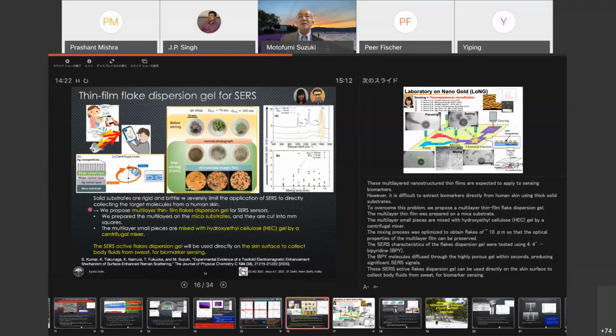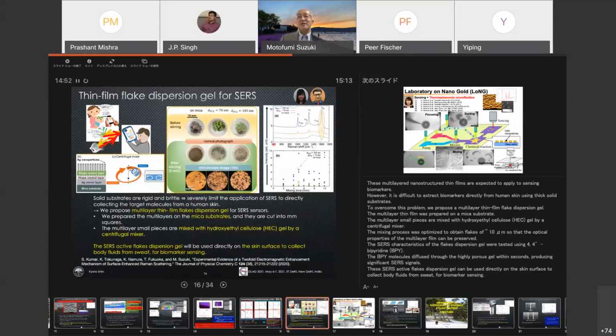The multi-layer thin film was prepared on a mica substrate, and the multi-layer small pieces are mixed with the HEC gel by a mixer. The mixing process was optimized to obtain flakes of about 10 micrometers in size, so that the optical properties of the multi-layer film can be preserved.